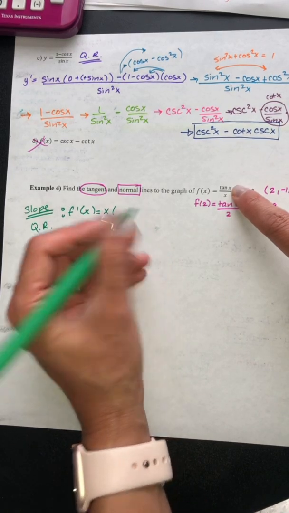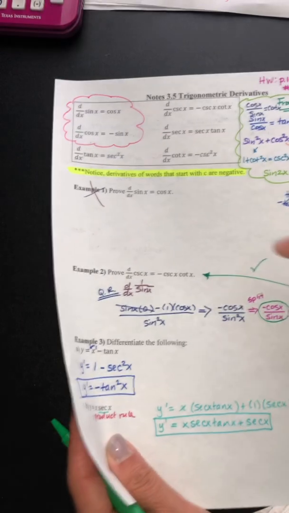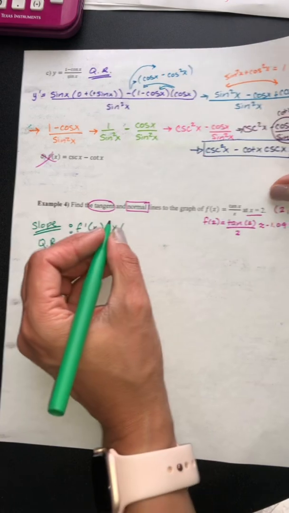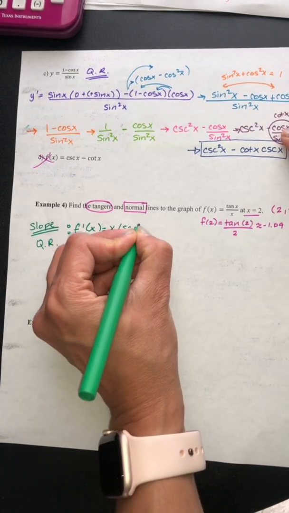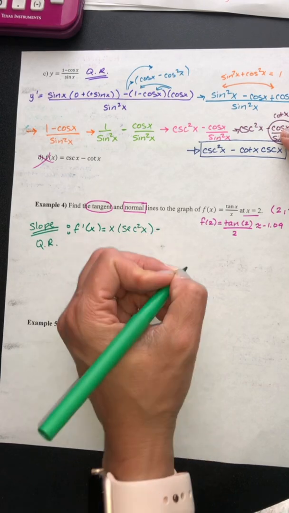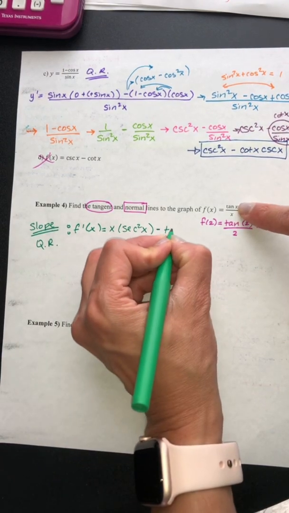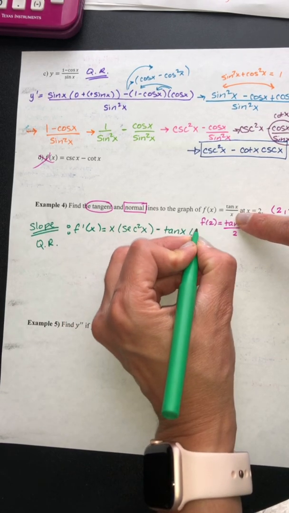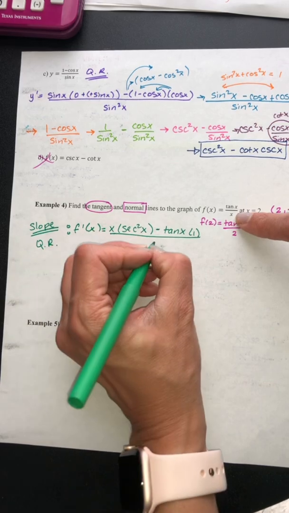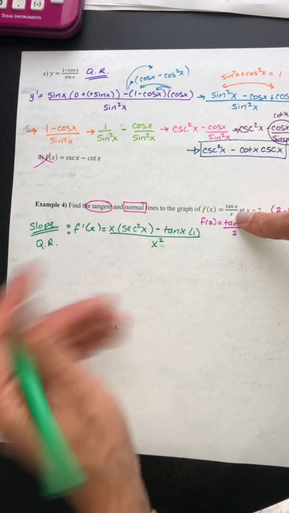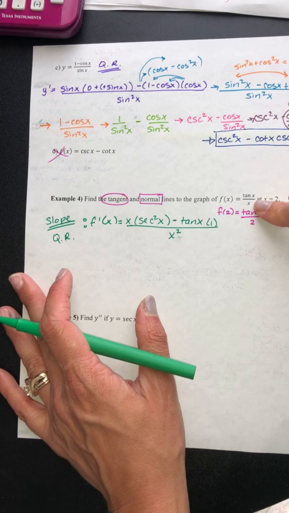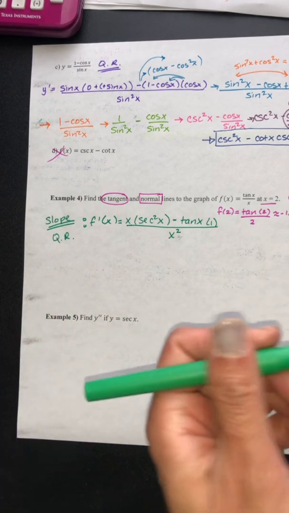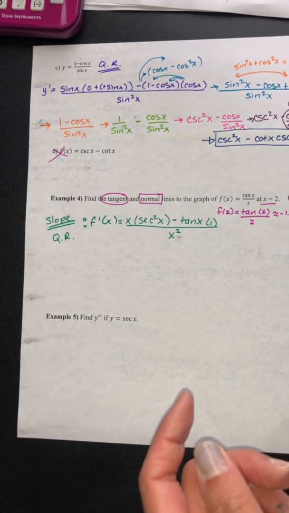And then the derivative of tangent of x, if we don't remember what that is, derivative of tangent is secant squared of x. So we'll have secant squared of x minus high d low. Well, the high is tangent of x. And the derivative of the low, the derivative of x is a 1 all over low squared. So x squared. Okay. So now we won't be able to really clean that up any further, but we need to plug in a 2 anyway so that we can find the slope at this derivative formula.